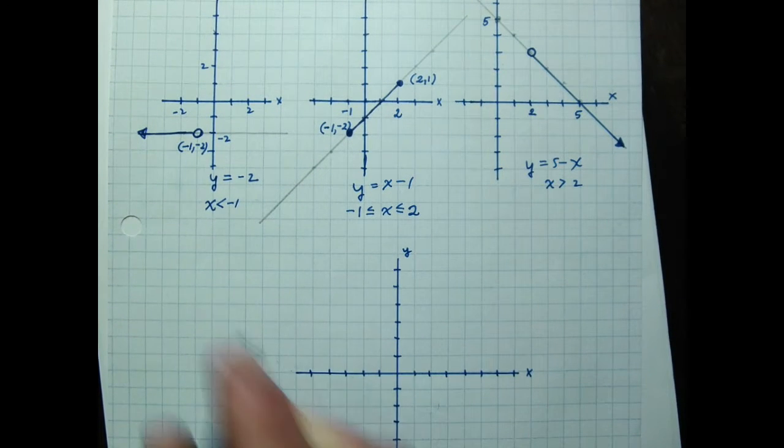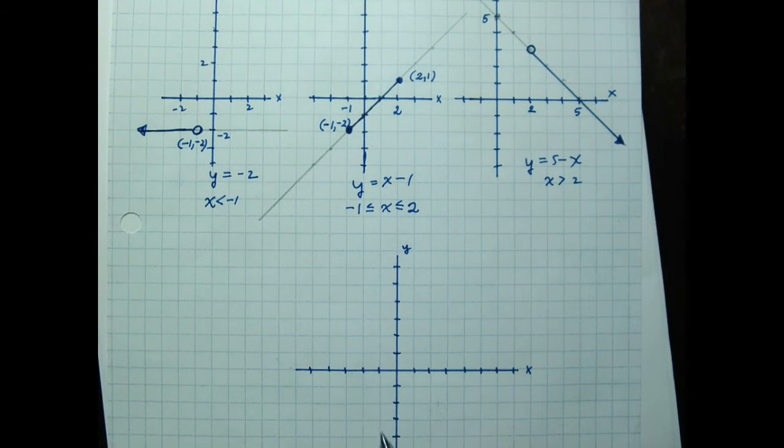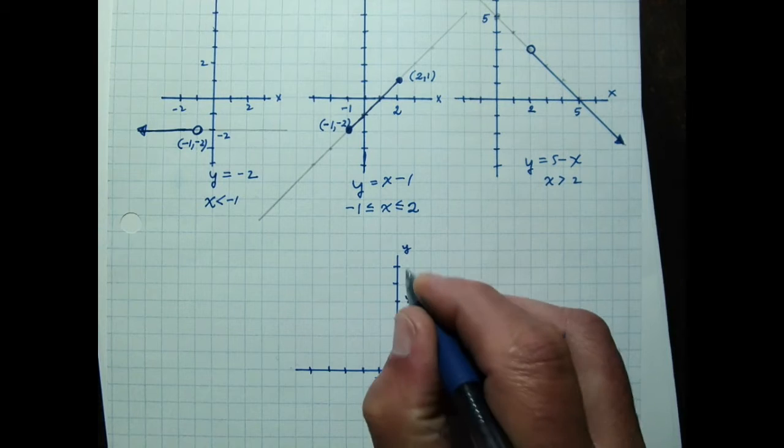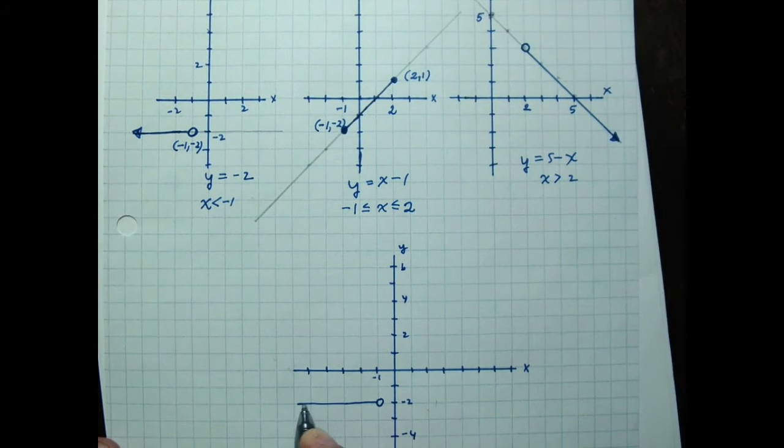First I'll take the horizontal line. So I want to be aware of where this point -1, -2 is. I'm going to write on this side of the axis there. So -1, -2. At this moment it looks like an open circle, straight to the left.